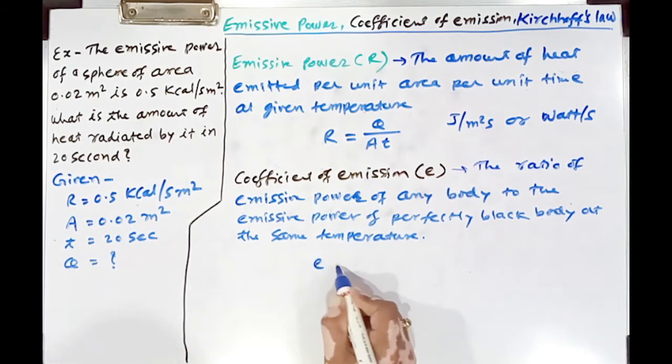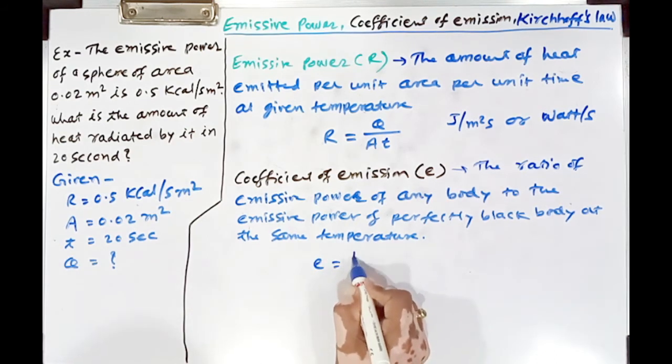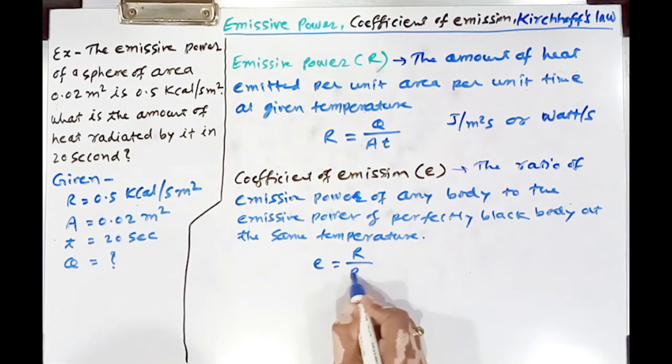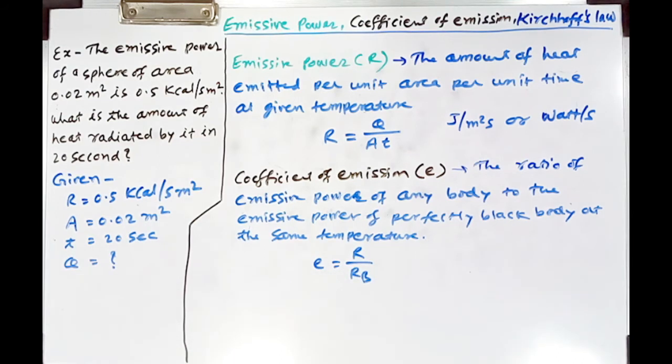It is given by e is equal to capital R divided by capital R_B, where capital R is the emissive power of any body and capital R_B is the emissive power of a perfectly black body at the same temperature.